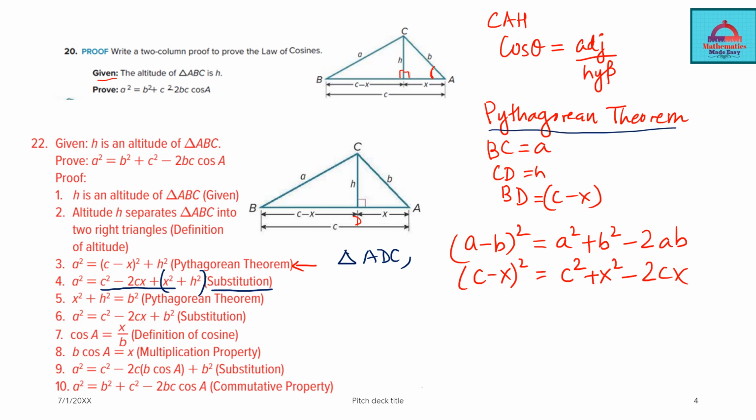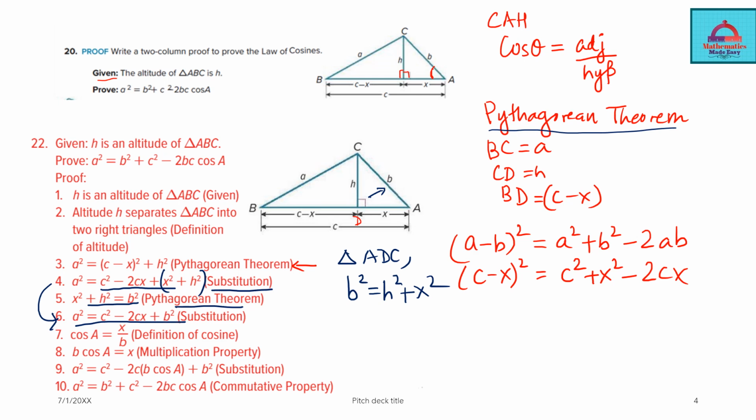So hypotenuse is opposite to 90, that means b square. So b square is going to be h square plus x square. That means I'm going to substitute x square plus h square with b square. I can do that using Pythagorean theorem. So this step number 4 reduces to step number 6.